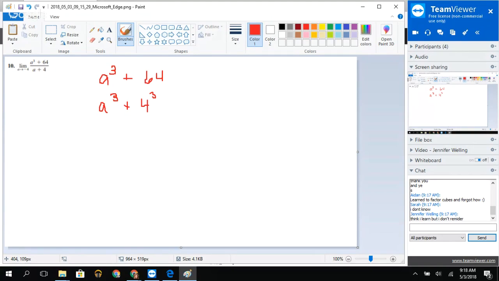So this kind of looks like when you have two squares that you're factoring out, but now we have a cubed and 4 cubed.